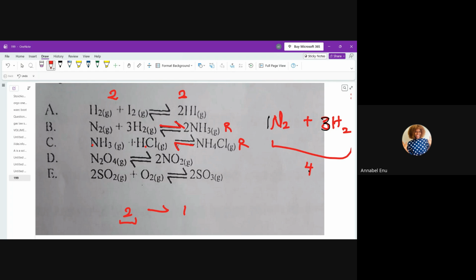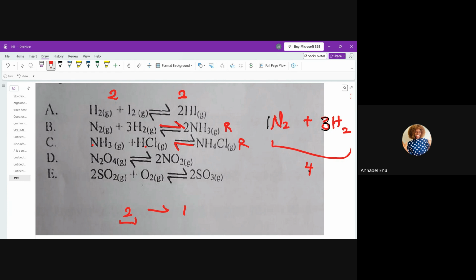Okay, so when you are removing, it shifts towards that place you are removing from. Then when you are adding, it shifts away from that place you are considering. In this case now, we are considering the side with the more number of mole.